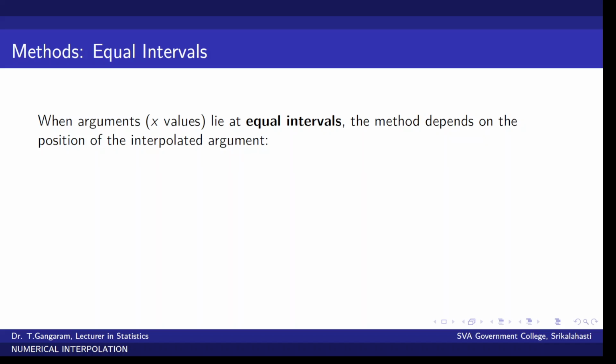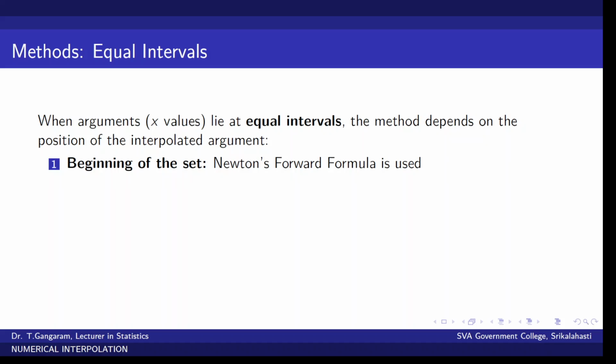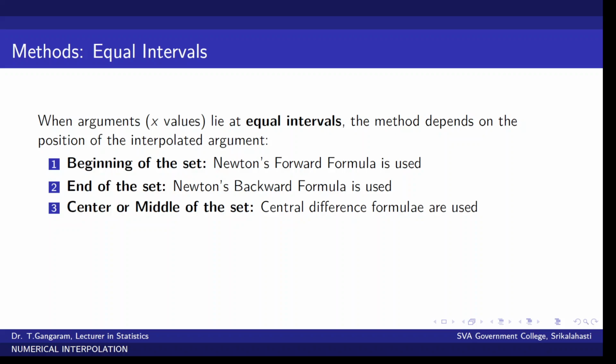Interpolation can be done with equal intervals and unequal intervals. If the x values lie at equal intervals, the method depends on the position of the interpolated value. If it is at the beginning of the set of values, we use Newton's forward formula, and if it is at the end of the given x series, we use Newton's backward formula.